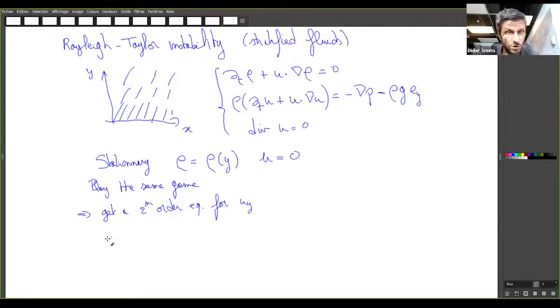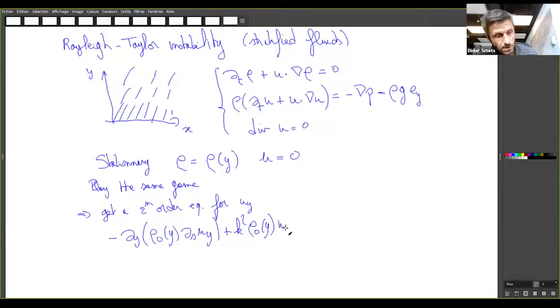It's also called the Rayleigh equation. So it's minus dy rho naught of y dy uy plus k squared rho naught of y uy minus k squared rho naught prime of y over s squared times uy is equal to 0.